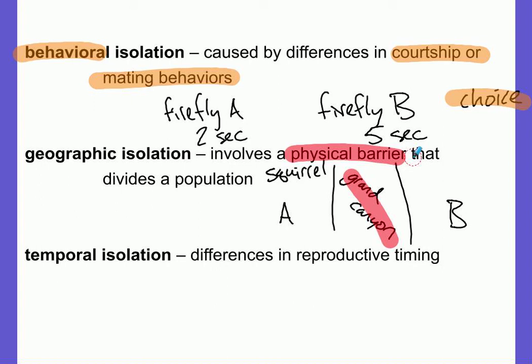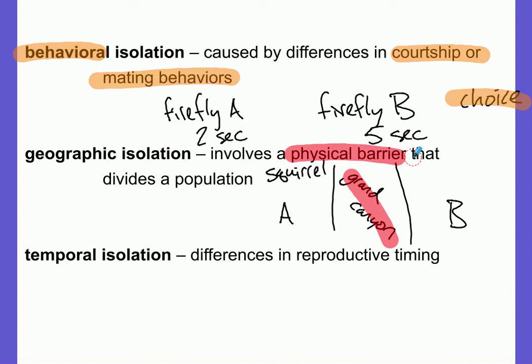So it's not always a Grand Canyon, obviously. Sometimes it's a mountain range, right? They can't get up and over the mountains, right? Maybe it's a river. Maybe these are things that can't swim, and if you're on one side of the river or the other, it might make a difference. Maybe it's an ocean, right? That's a big separator between continents.